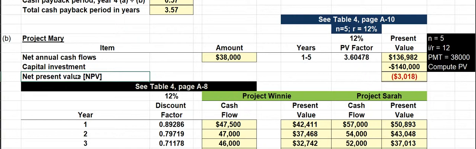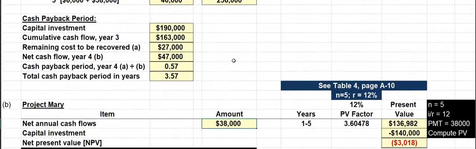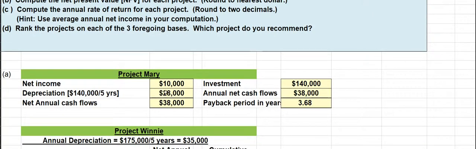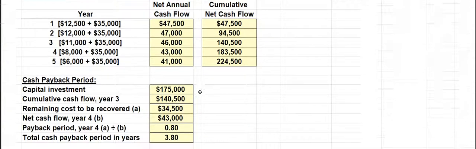And so for Project Mary, again, we are told that the project will be for 5 years, and we computed the annual cash flow to be $38,000. Recall that from our initial calculations, the annual amount is 38.